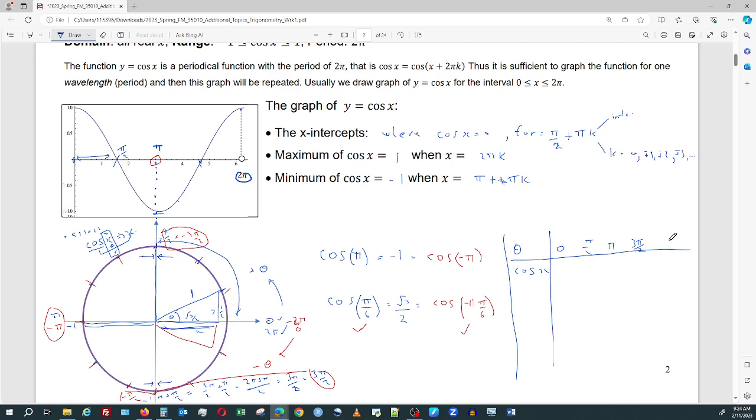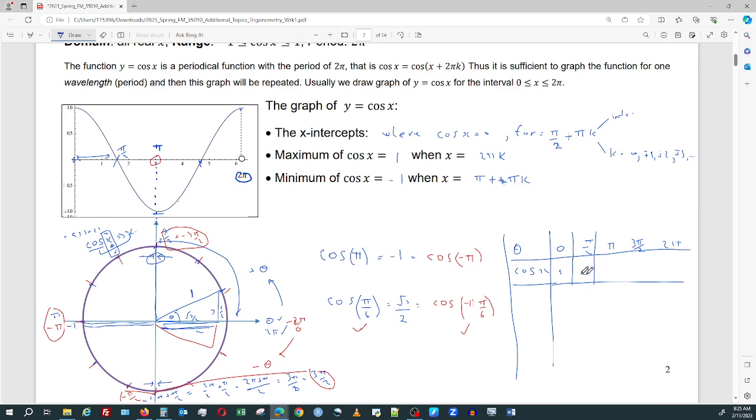Then we go to 2 pi, and we can see what the value is going to be. It's much easier to ask, what's x doing at 0? X is 1. That's interesting. What's x doing at 90 degrees? We already worked that out as 0. There it is. X is 0.